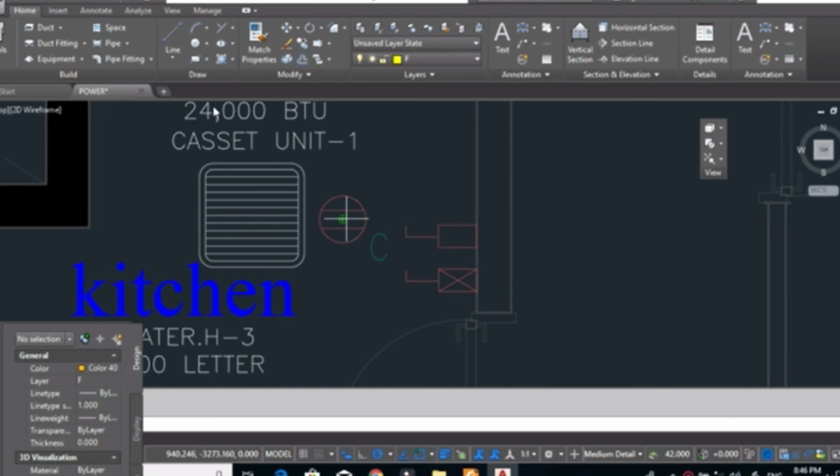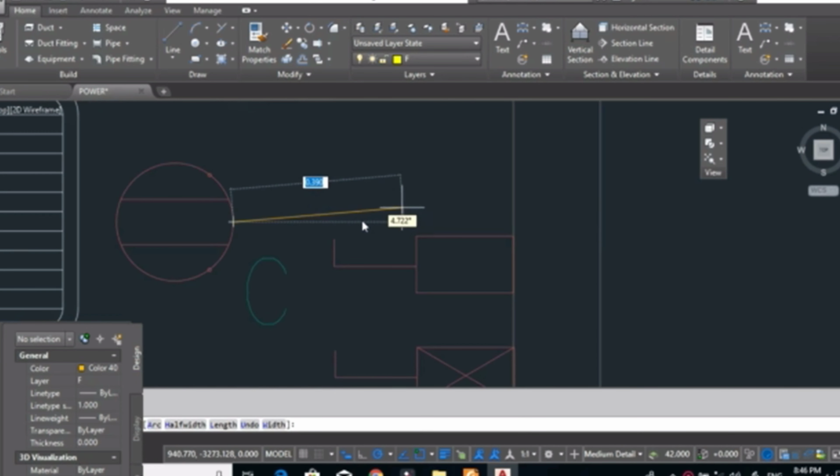See here in the outlet, 25 ampere. Here disconnect switch, and after that from this disconnect switch, polyline, this disconnect switch, I can connect it to the distribution panel.